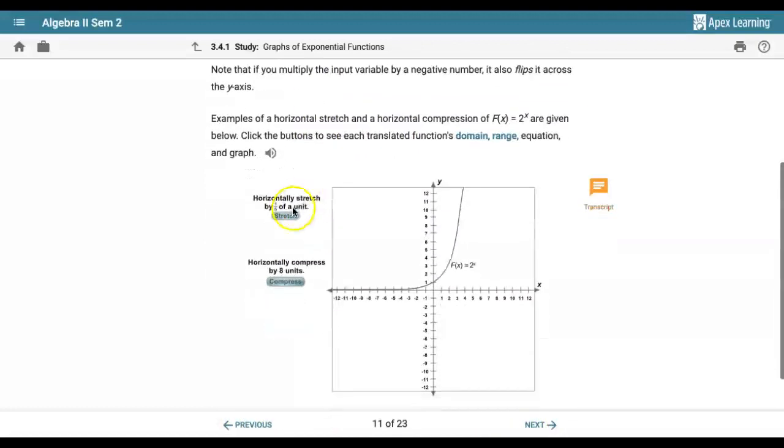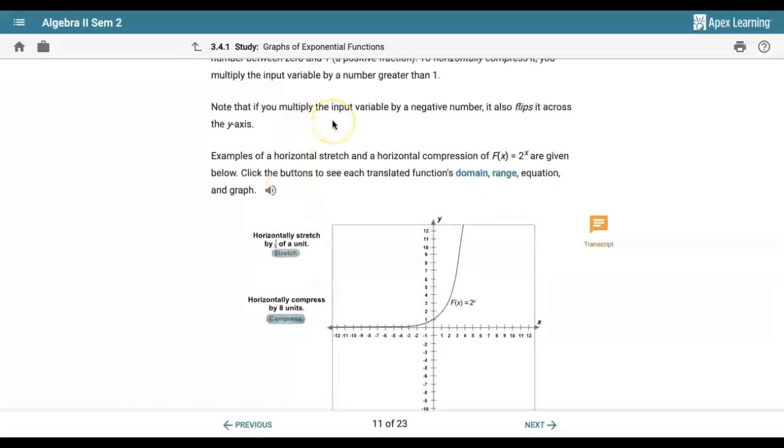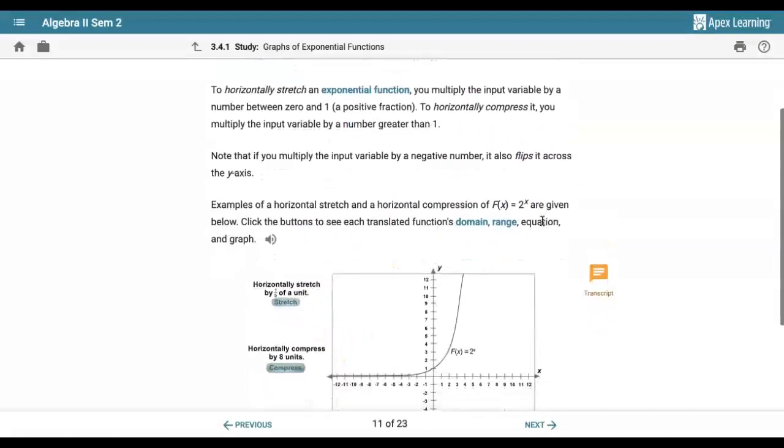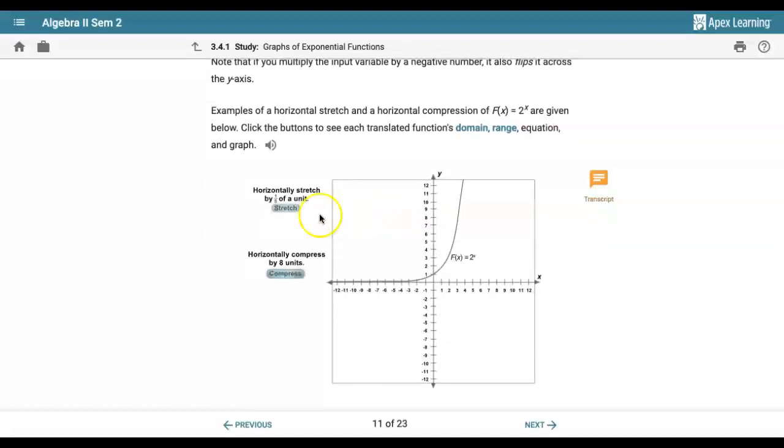If we want to horizontally stretch or compress, we can do that, and we'll talk about that in a second, but we can also multiply our input value by a negative number, and when we make that a negative value, it also flips it across the y-axis, right?